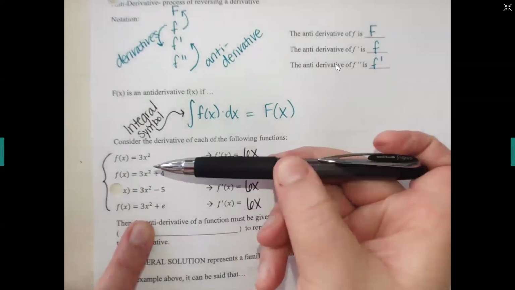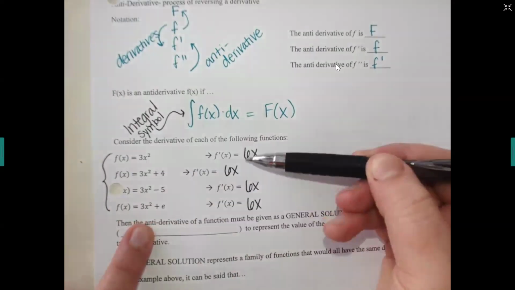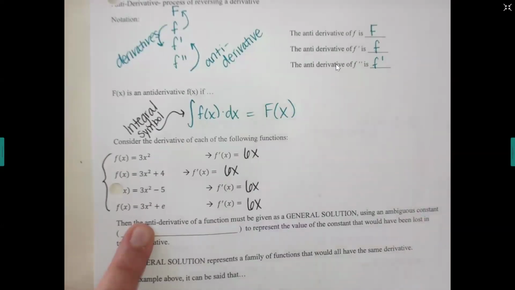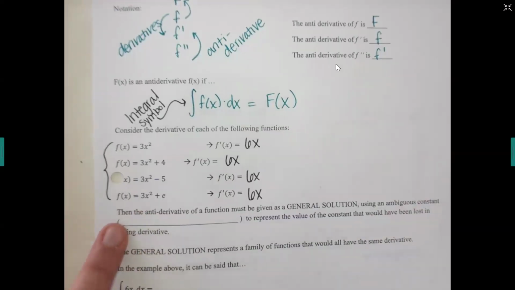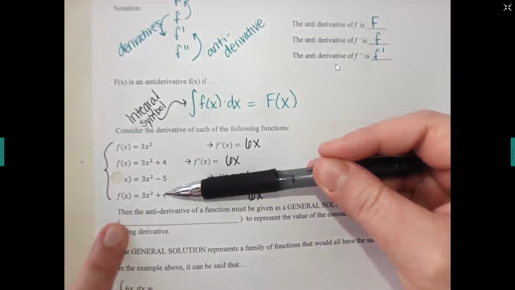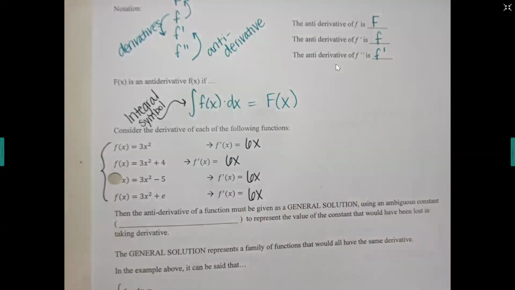So the problem is that all of these equations, were they the same? No, but they all yielded the same derivative. So now when we go backwards, we're going to have to deal with that. So when you take an antiderivative, remember that when you take the derivative, that constant always goes away. So when you're trying to go backwards, you don't know what that constant was before you took the derivative.